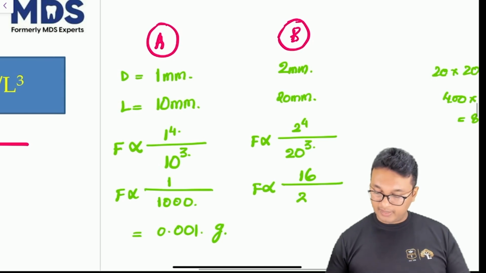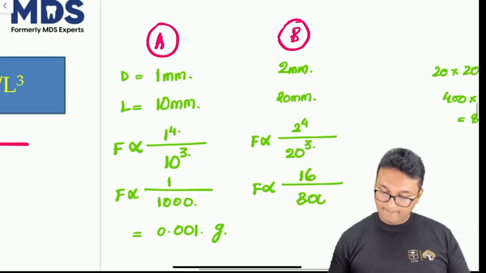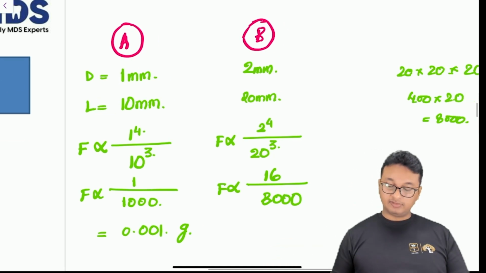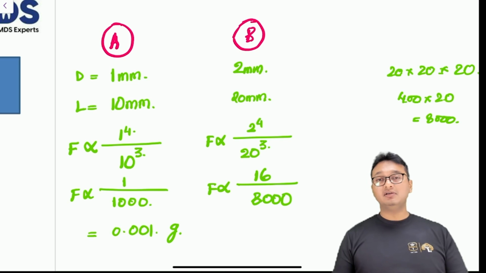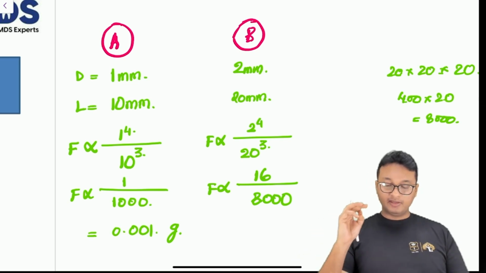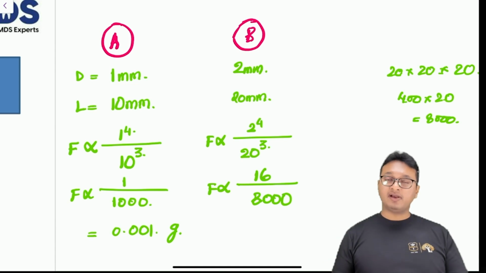So 16 upon 8000 will be the value. This will be the difference in the force values generated by the wire if the length and diameter of the wire are doubled, in fact.